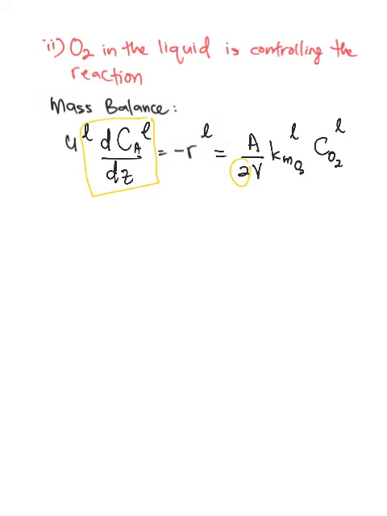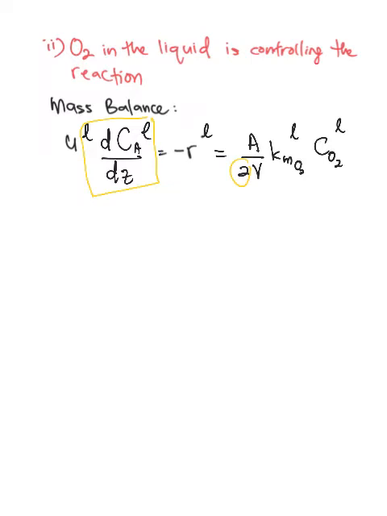Okay, then 1 A requires 2 oxygen. So because we want to write the mass transfer for oxygen in liquid phase, we need to consider the stoichiometry of oxygen. So stoichiometry of oxygen equals 2. So that's why we need to divide it by 2.